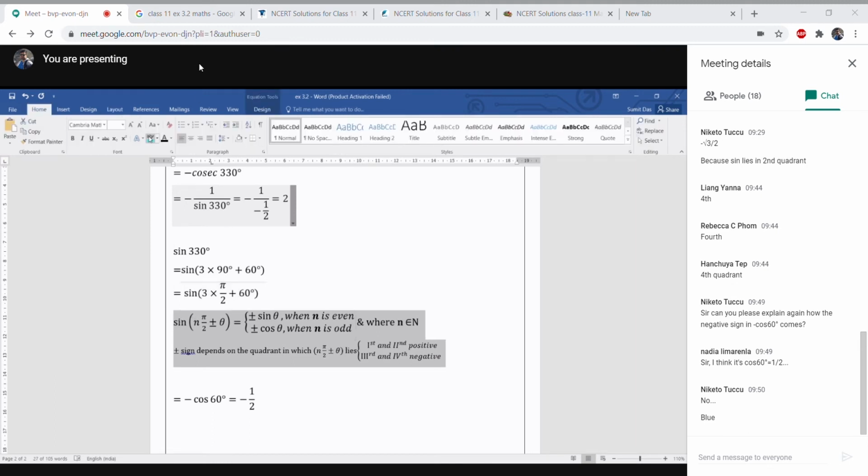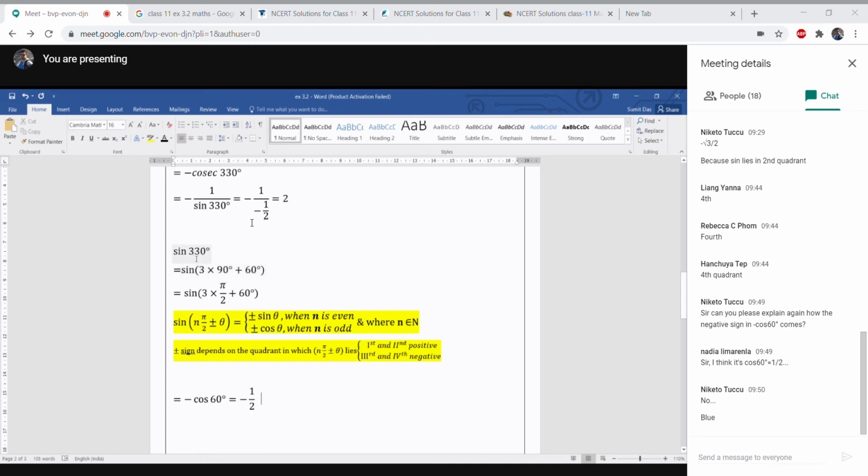Last class we discussed sine: whenever we have to find this kind of value less than 360 degree, suppose 330 degree or 270 degree, any kind of value, we have to write sine theta as n pi by 2 plus minus theta. It can be plus or it can be minus. I can write 4 into 90 minus 30 degree. That's my choice. So I can use 3 into 90 plus 60 or 4 into 90 minus 30.